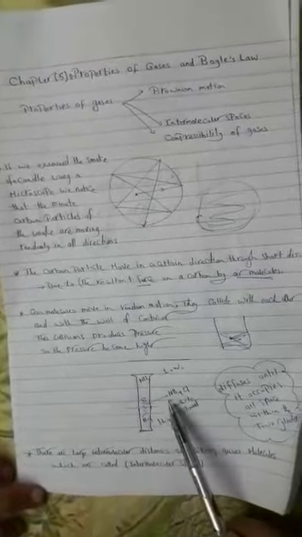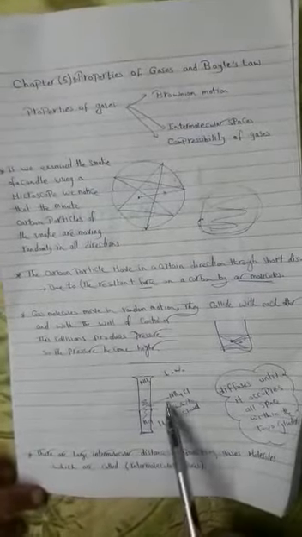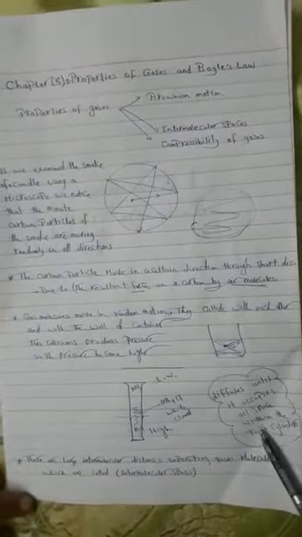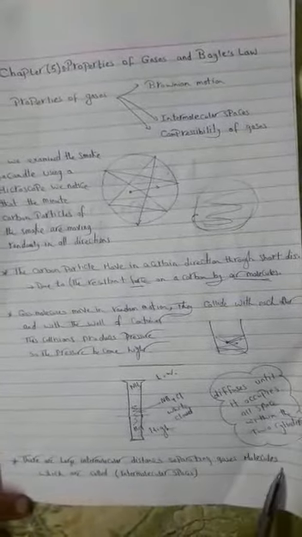When we remove this paper, there is a white cloud forming, NH4Cl, ammonium chloride. That white cloud diffuses until it occupies all the space within the two cylinders. There are large distances separating gas molecules, which are called intermolecular spaces.